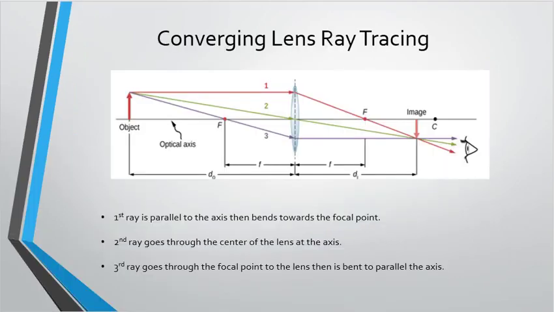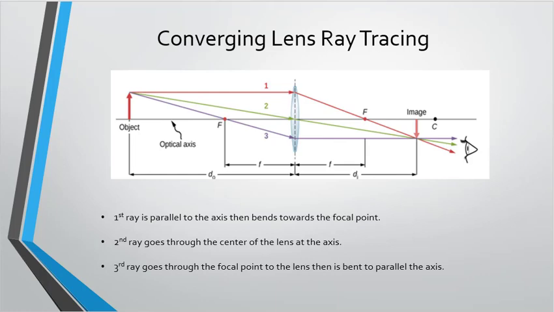And if you want to know how to find the image, if you're ever playing with lenses and you want to anticipate where the image is going to be, you can follow some basic lens tracing rules. And this is just for the converging lens. It's slightly different for a diverging lens, but it's not too much different. The first ray is going to be parallel to the optical axis, and then it's going to go through the lens and bend towards the focal point.